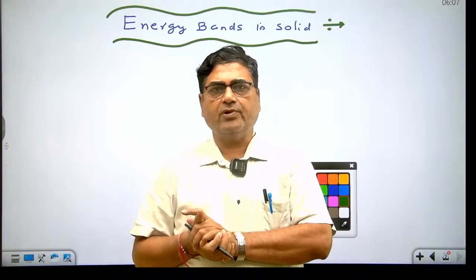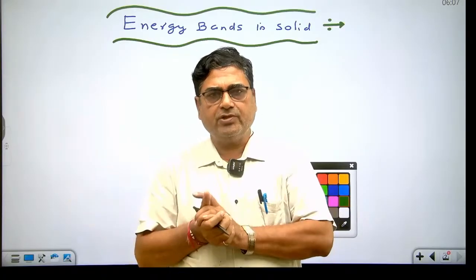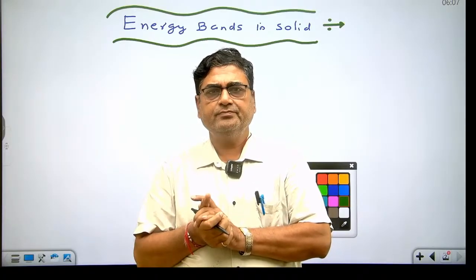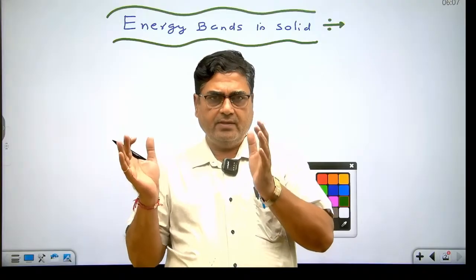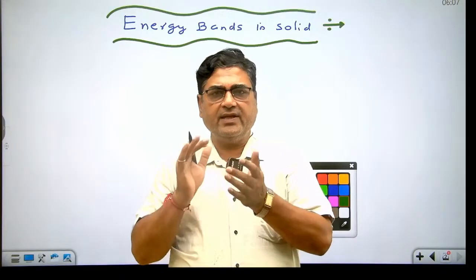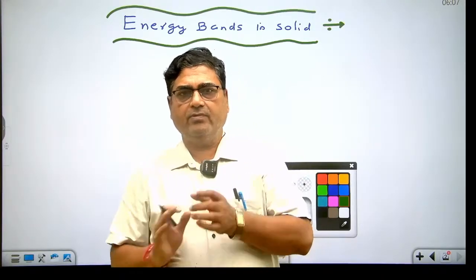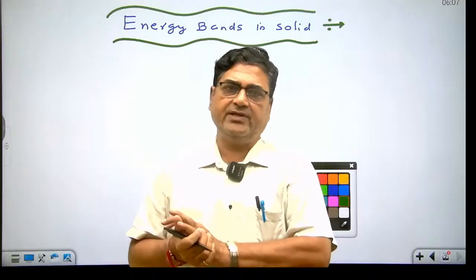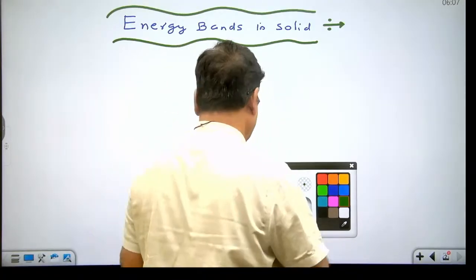During construction of a solid, a large number of atoms come closer to each other. So atoms overlap and their energy levels also overlap. Overlapped energy levels are termed as energy bands. This is the first definition.